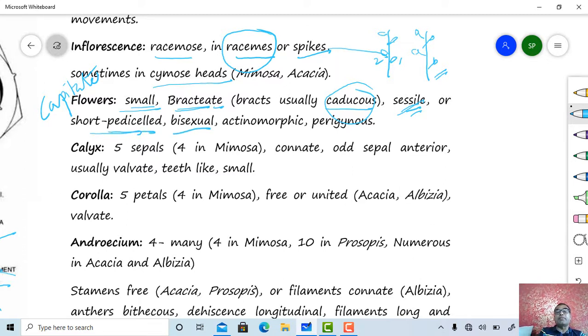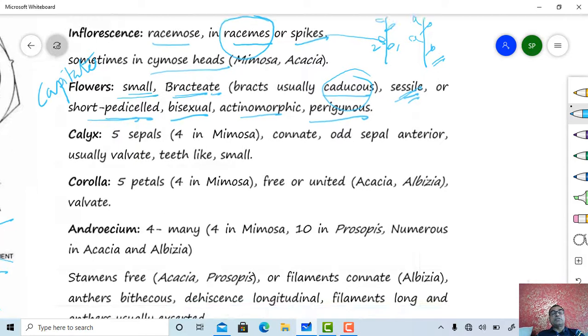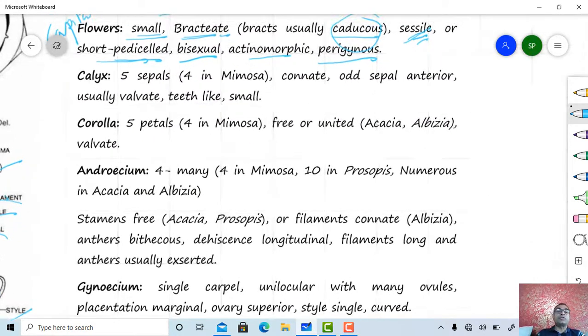Flowers are hermaphrodite, bisexual, actinomorphic, that means regular, and perigynous, the condition between hypogynous and epigynous, which is called perigynous. Now about the calyx. In the majority of cases, sepals are 5 in number and show connate condition.